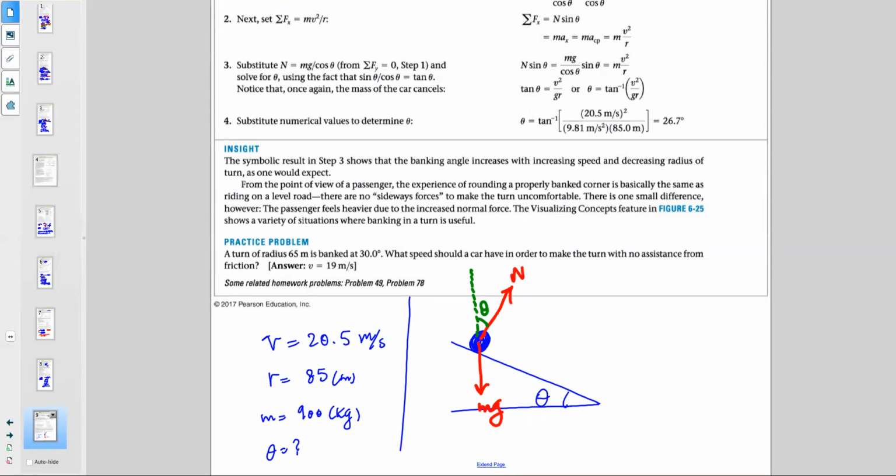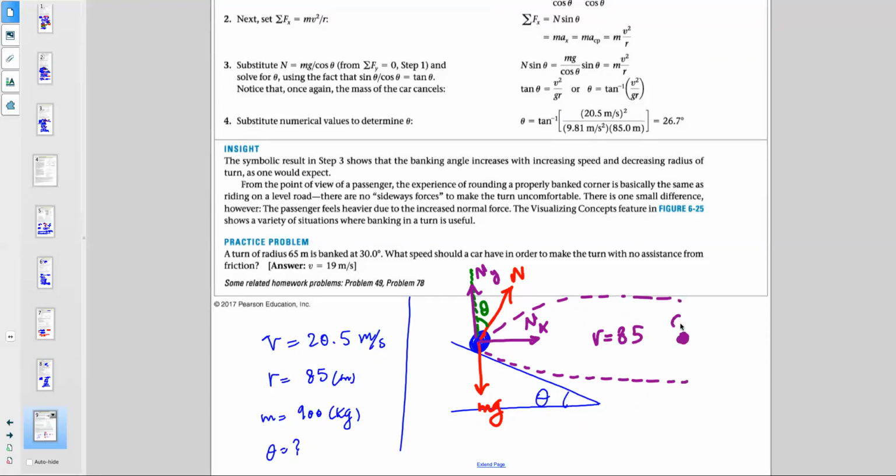Then what I can do is to properly get rid of N because it's neither along the X nor along the Y direction. So I have N of X here, and N of Y here, and N of X is towards the center of the ramp, or towards the center of this imaginary circle, and this R is 85 meters.